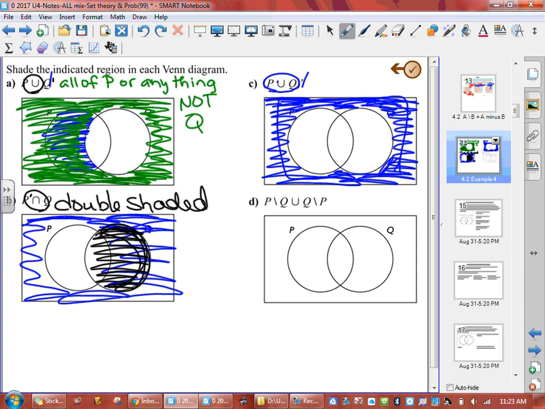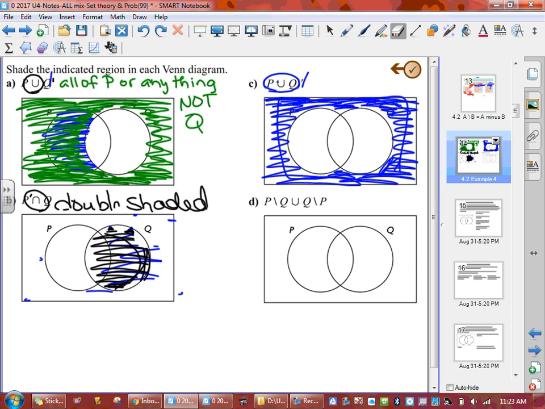Here it's just and. So on this one you'd only shade the half moon. You wouldn't shade the outside at all in that one.